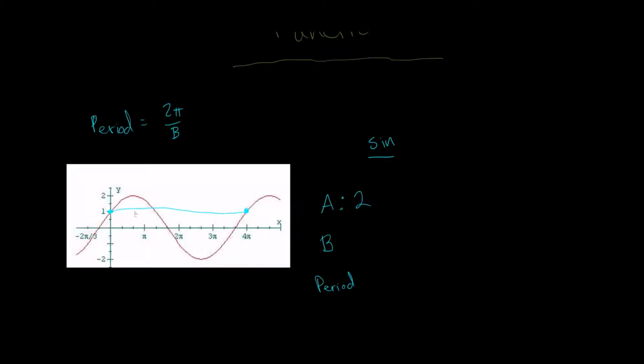Here it completed one entire cycle, and it did that in a distance of 4 pi. So my period is equal to 4 pi. And that means my b value, if I set this equal to 4 pi, gives me a b value of 1/2.